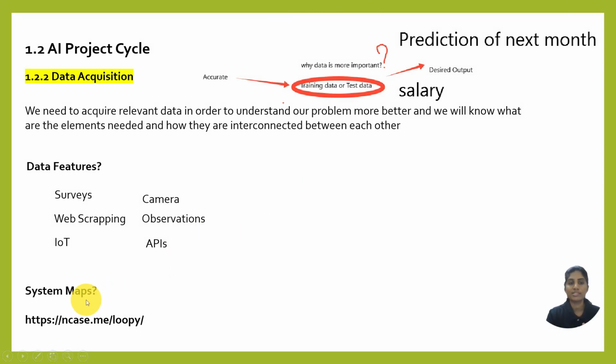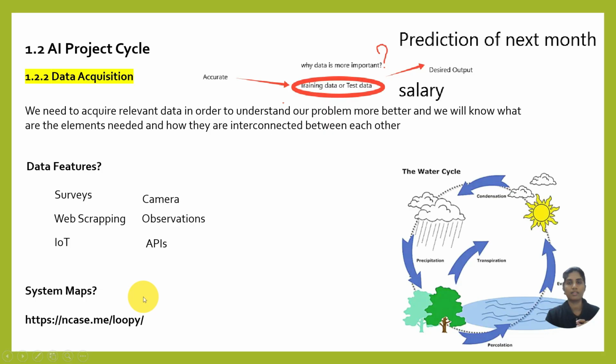System maps is nothing but, let us take this as an example. We are living in an environment, in a system, and a system has multiple elements. For example, take the water cycle. You know the process of the water cycle.